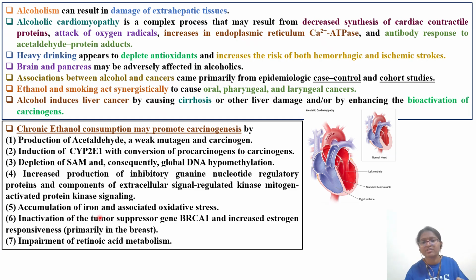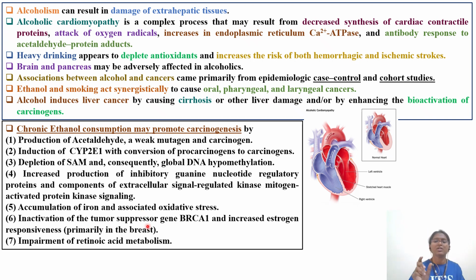Accumulation of iron and associated oxidative stress, because thiamine is getting affected. We have seen pyridoxal phosphate is getting affected. It is affecting vitamin A metabolism, all those things, because of which accumulation of iron and associated oxidative stress is there. Inactivation of tumor suppressor genes is very important.